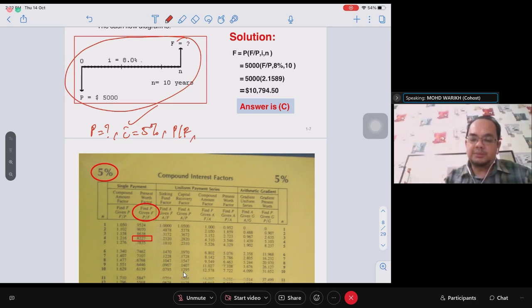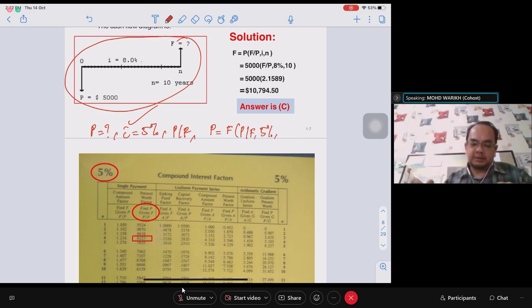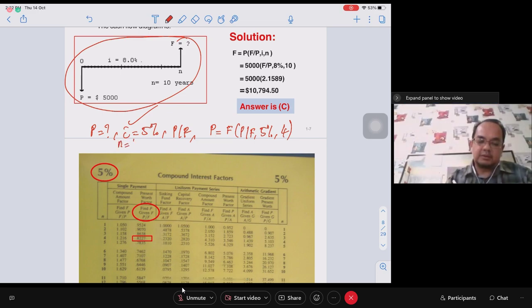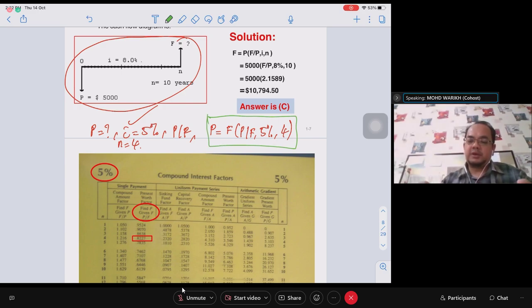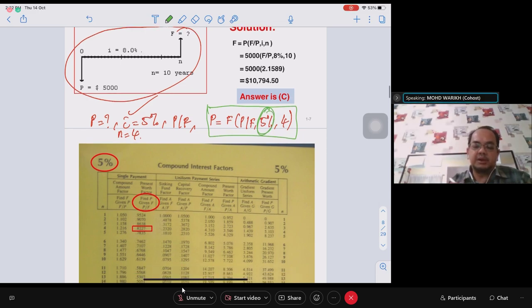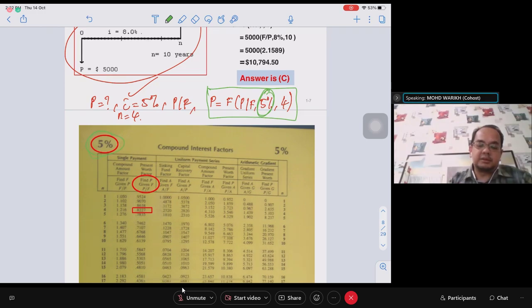That means from the formula, you have to find P, and F is given, P over F, i 5%, number N is 4. So from this formula, you find the i first. i is 5%, so refer to the 5% table here.